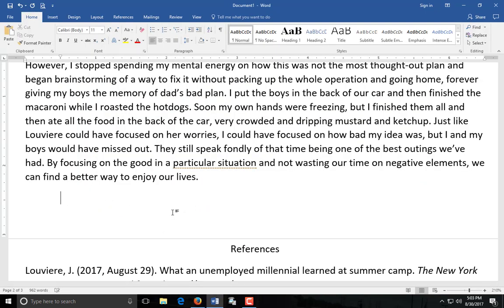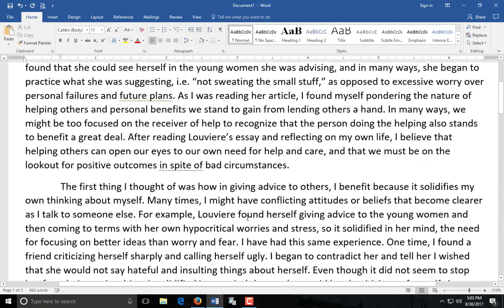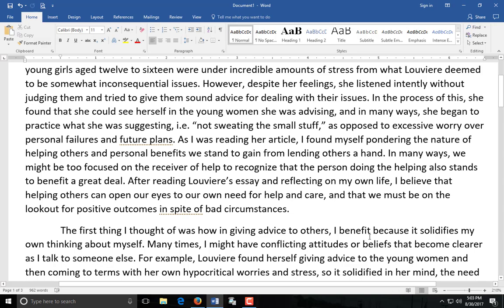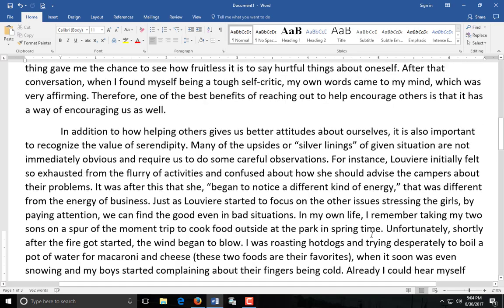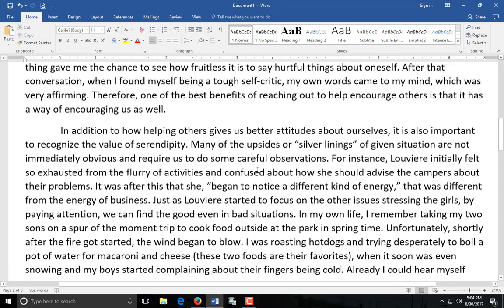So here I talked about the value of serendipity. And then also giving advice to others, how that helps you. Now this talks about serendipity.